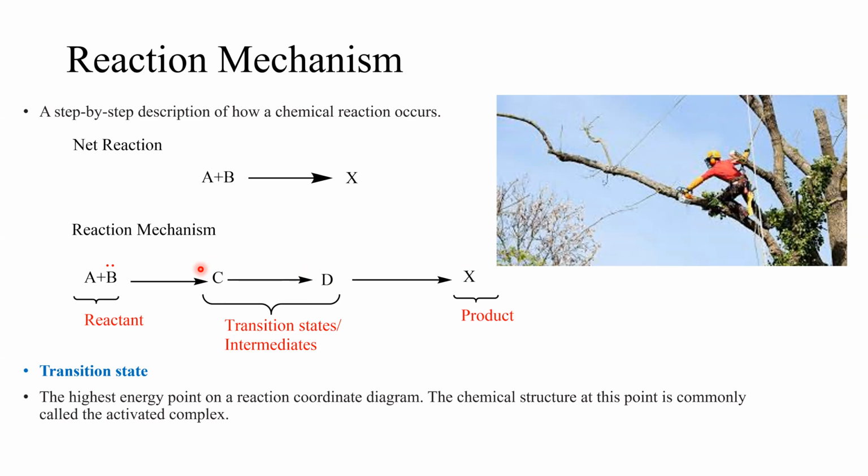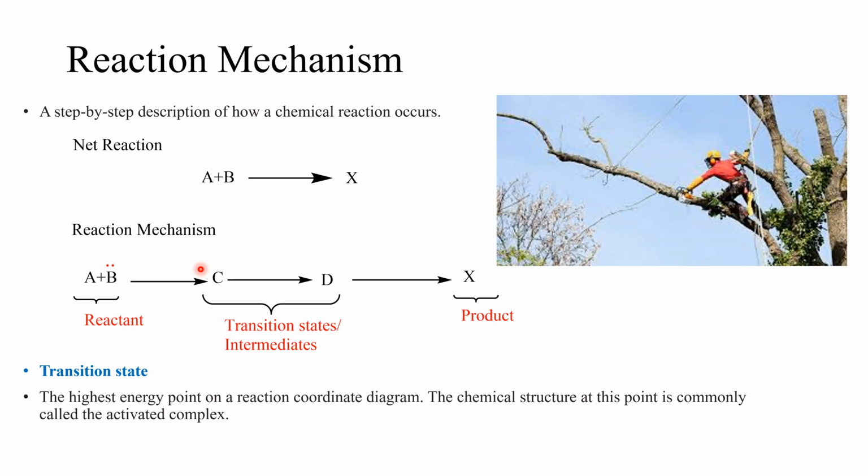The transition state and intermediate differ in lifetime. If the species is more stable, it has a good lifetime of a few seconds, which means it can survive in the system for a longer time, and that is basically the species available for the attack to convert into the product.